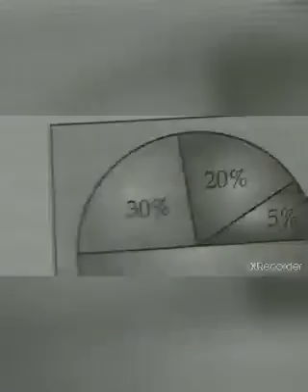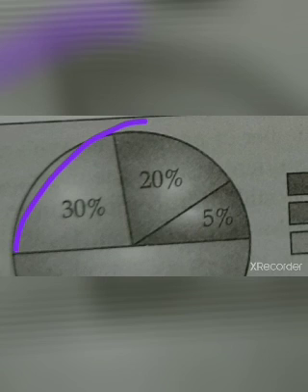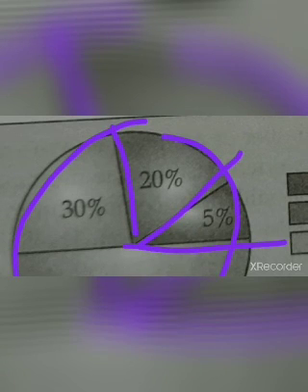Write a paragraph in about 150 to 200 words interpreting the data. What's the data given here? The pie chart with different sectors: 20%, 5%, 45%, 30%. These are the views of the people.